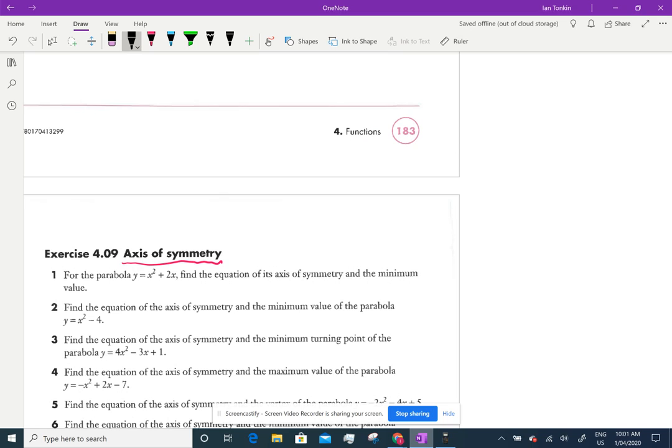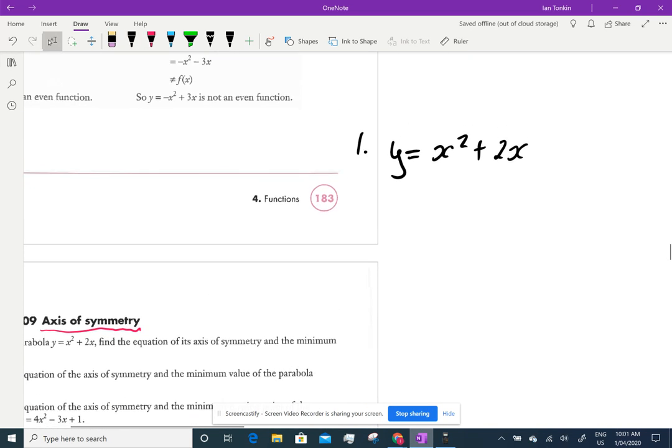There's a parabola. This is question 1, y equals x squared plus 2x. And it doesn't have a constant. And please remember, when you're doing that, your A, your B, and your C. So in this case, the A is 1, the B is positive 2, and the C is 0.